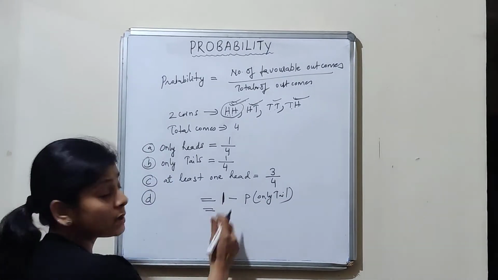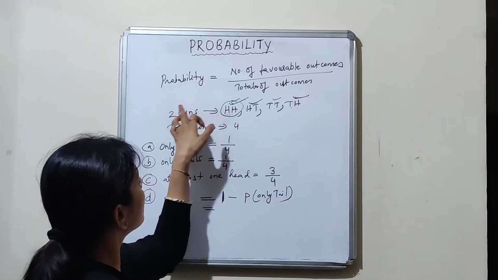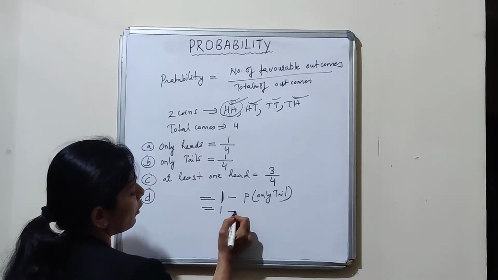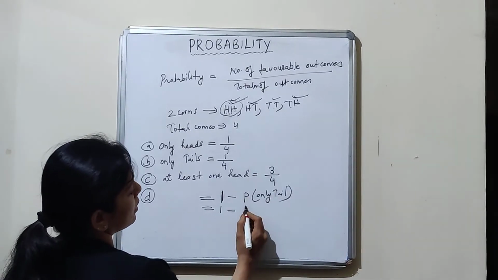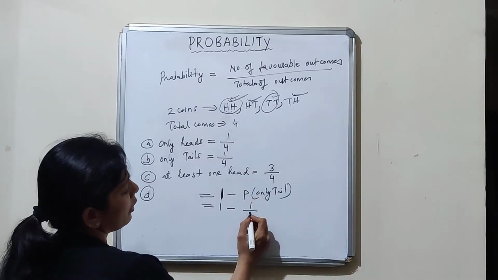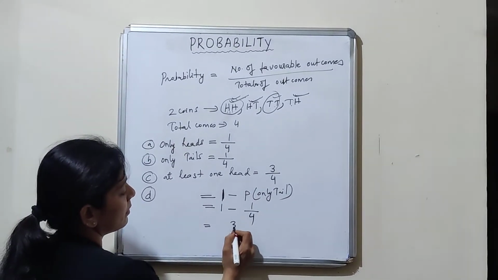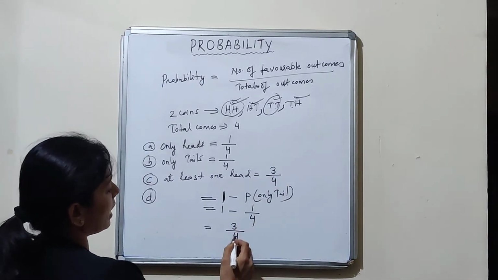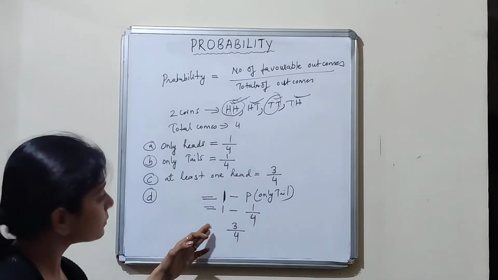Here 1 denotes the total possibilities of tossing the coins, and the probability of only tail is 1 by 4. So again we will be having the same LCM. We will be taking 4 minus 1 is 3 by 4. See, we have the same answer. We can take it out by this method also or by this method also.